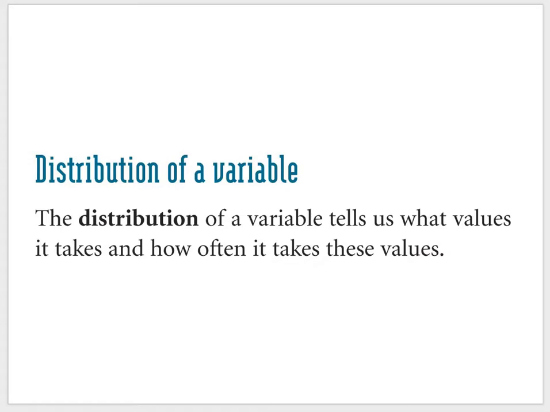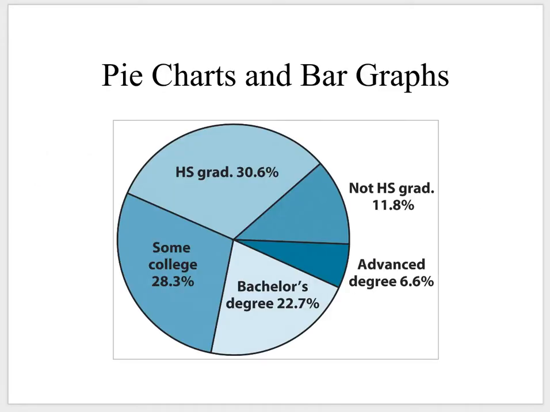Okay, now distribution is a vocabulary word that tells you how the data is spread out, from min to max, as well as how it's spread out into different categories. Okay, and one really good way to show the distribution is with a pie chart.